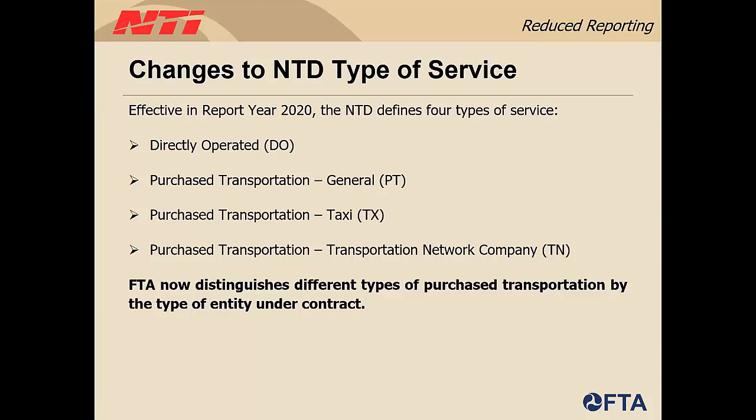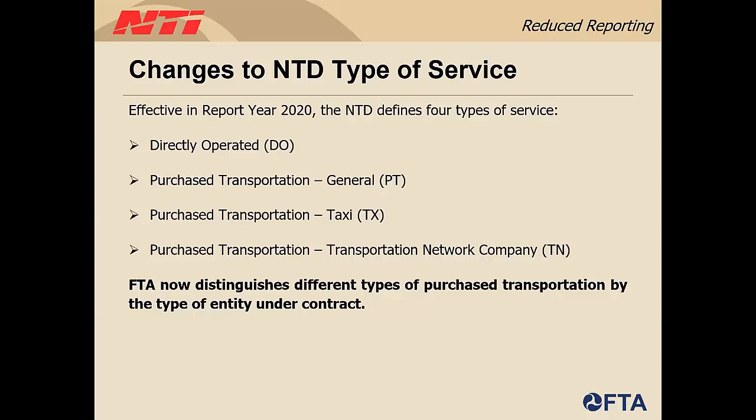Agencies which are contracting with taxi cab operators using the taxi operator's non-dedicated vehicles must now report those services as TX type of service. To review, FTA defined TNC in 2019 and provided discussion on this type of service in its reporting manual, including examples in Appendix E of the 2020 Reporting Policy Manual.